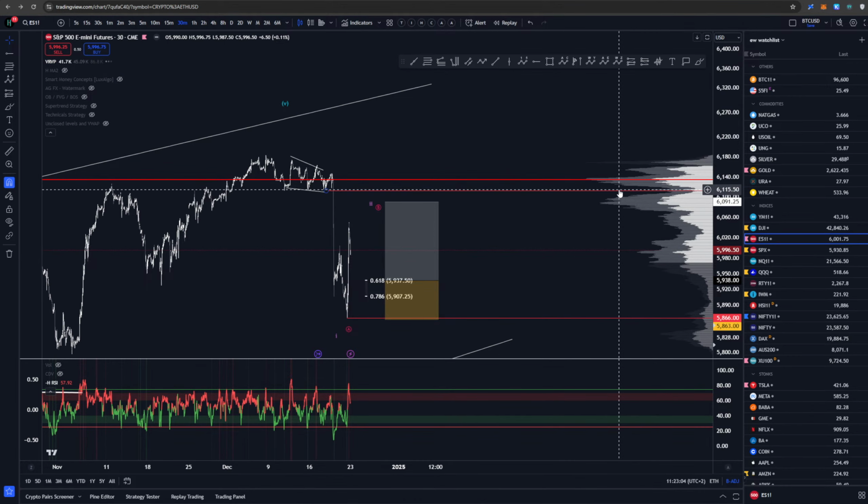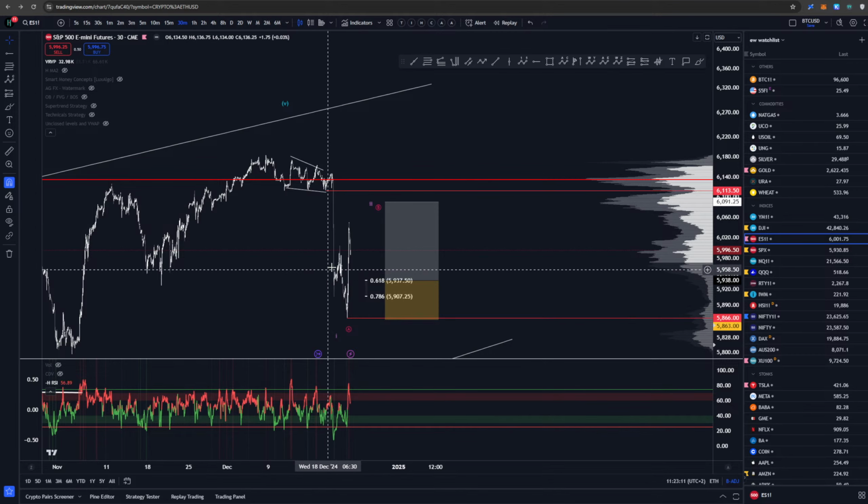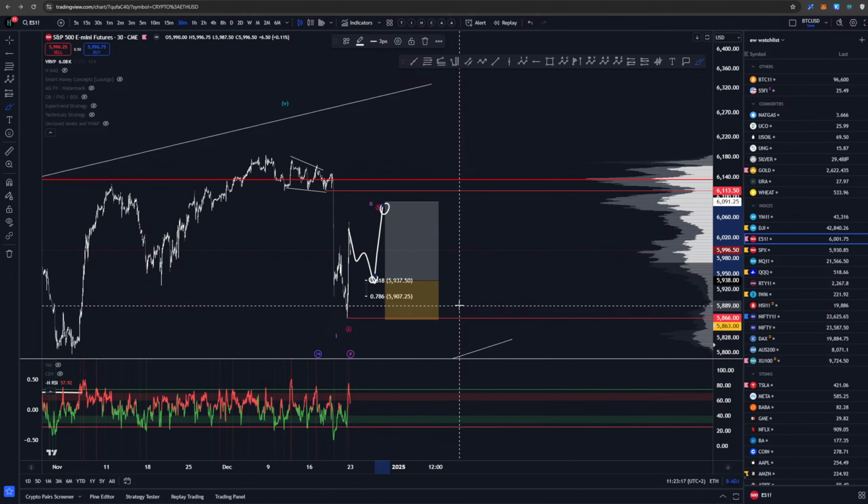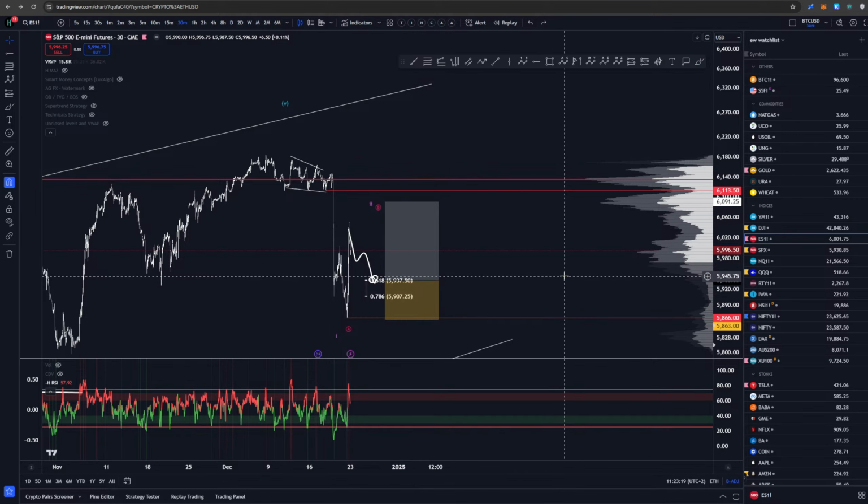Somewhere into these where we find more volume, because these are where we should be taking profits. So if price comes back here, we could be looking for longs and take profits up in here. Decent risk to reward ratio, 2 to 1. That's the minimum we want to be taking.